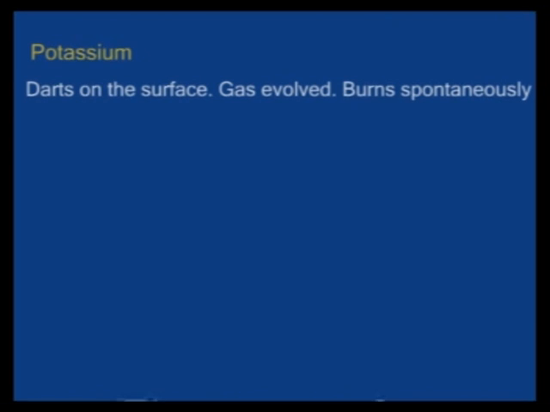On its part, potassium darts about the surface producing a colorless gas that burns spontaneously. Potassium vapor burns with a lilac flame.